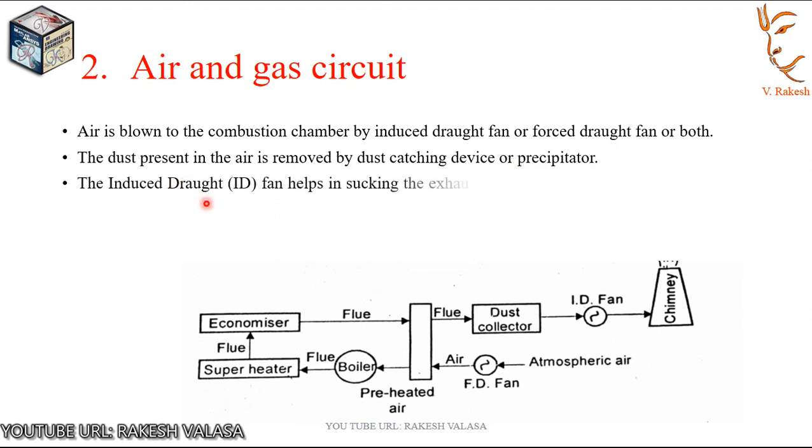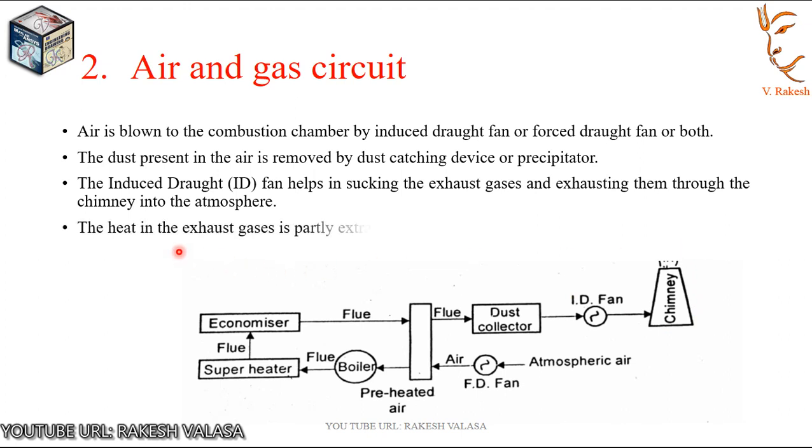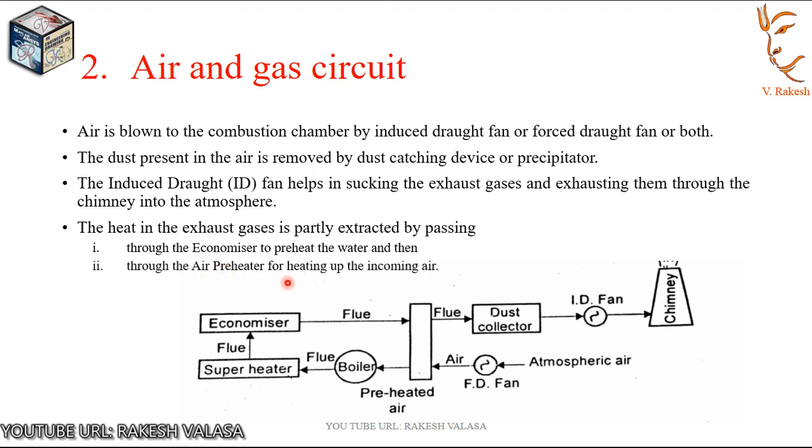The induced draft fan helps in sucking the exhaust gases and exhausting them through the chimney into the atmosphere. The heat in the exhaust gas is partly extracted by passing it through the economizer to preheat the water and then through the air preheater for heating up the incoming air.